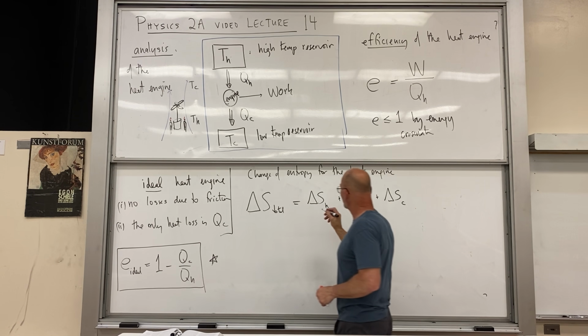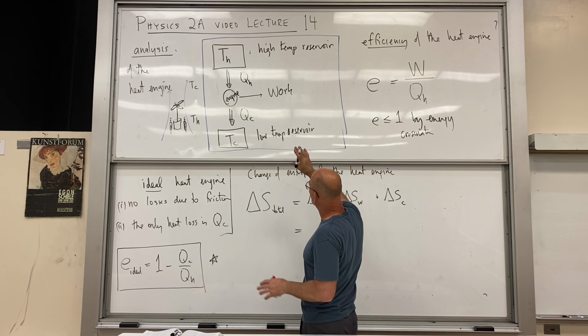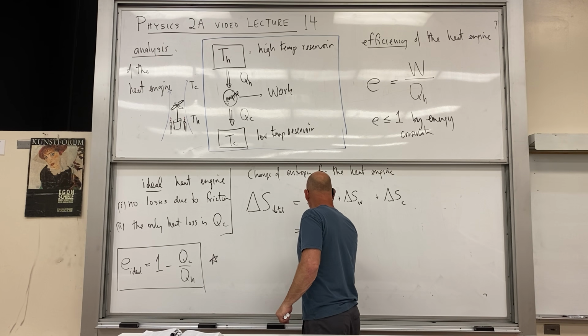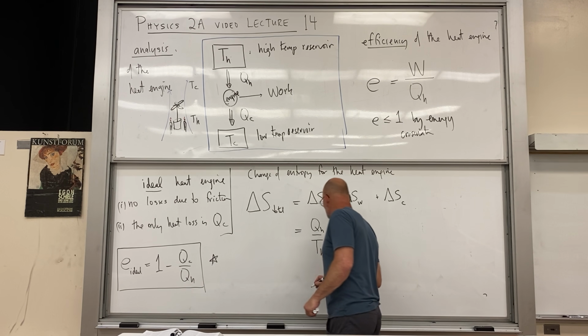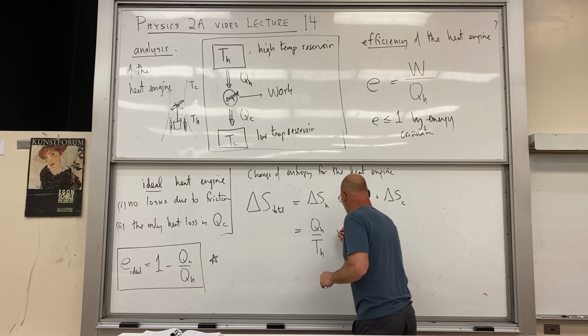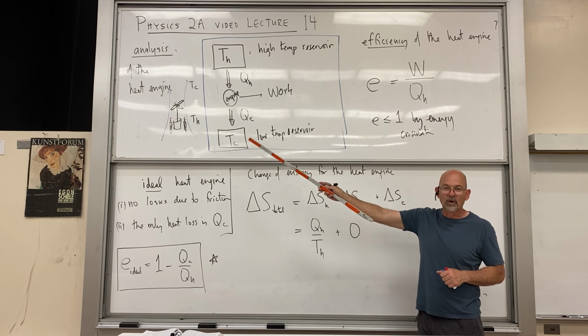And these are easily written down. We'll make the Q's just be absolute values, quanta, so we'll have QH divided by TH. Remember, these temperatures are in Kelvin. Now the second one's interesting. I'm going to claim that change of entropy for a cycle of the engine is 0.